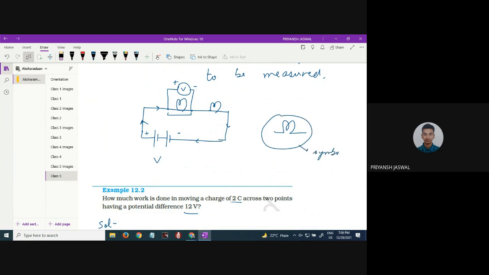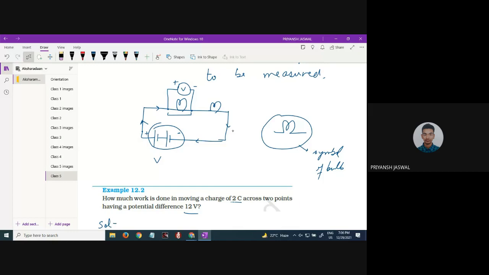Similarly, this symbol here is the symbol of a battery, in which this single symbol of two parallel bars is the symbol of a cell, and this whole of two cells is the symbol of a battery. This is the symbol of a voltmeter. Similarly, there are other symbols for some usually used electrical components.